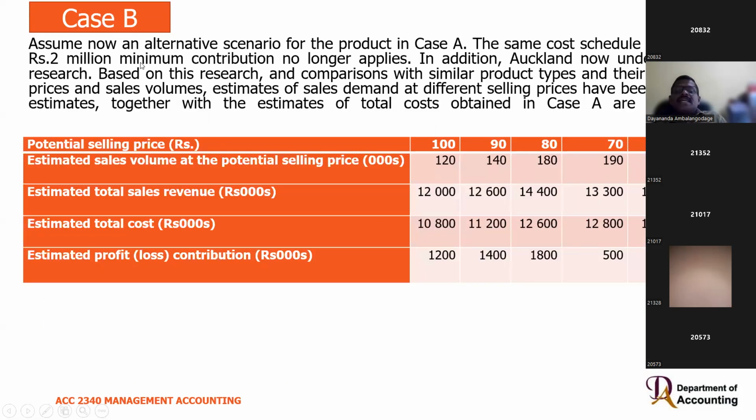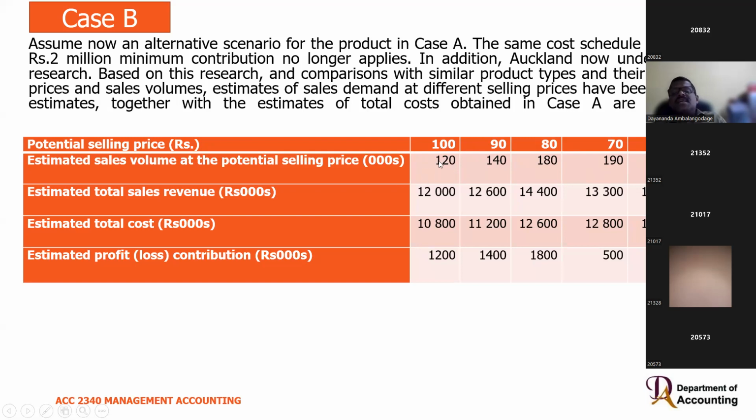Right? When it comes to case B, it's not like that. Case B has the same data and the same cost schedule applies, but the 2 million minimum contribution no longer applies. There is no such profit objective. In addition, the company now undertakes market research, and the research finding says that you can sell 100,000 units, 90,000 units, 80,000 units, 70,000 units, 60,000 units, the estimated sales volume at the potential selling price.